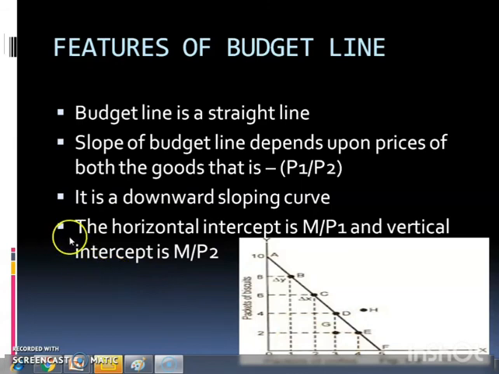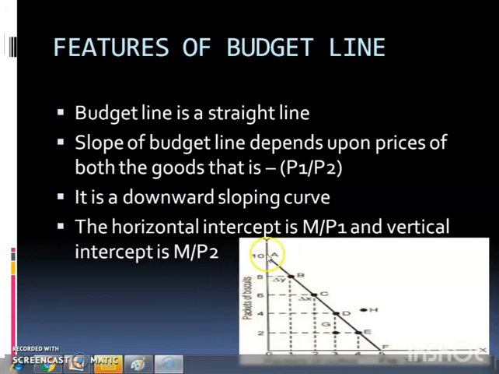Then the fourth one, the horizontal intercept is M by P1. That means the entire income is spent on good 1. So when the budget line touches the x-axis, that point means the consumer spent the entire income on good 1.